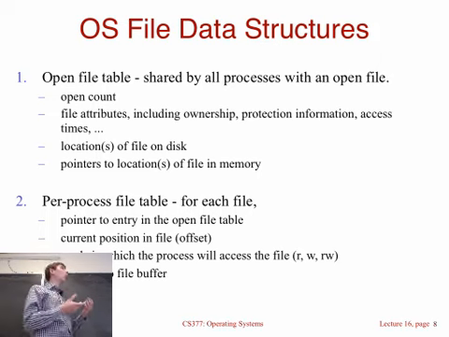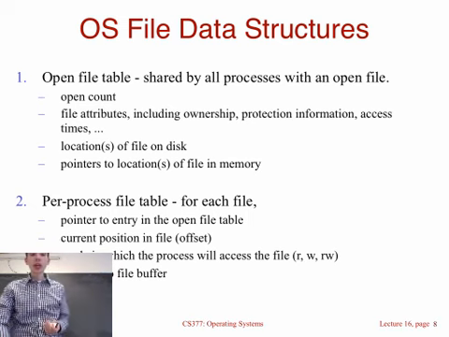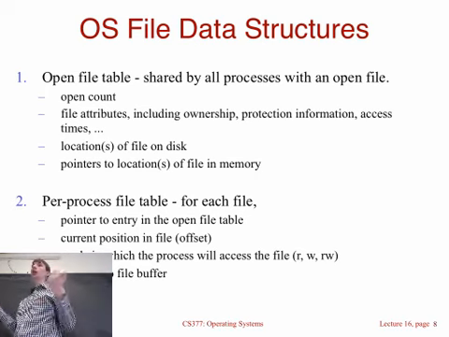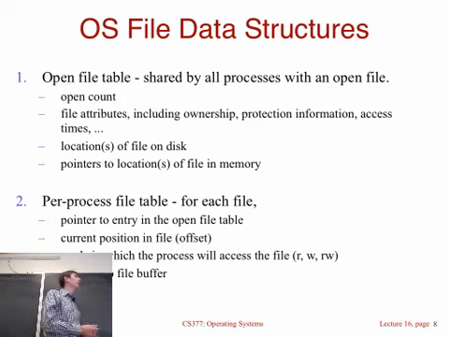So there's one big table that's shared by all processes that has all the files that are currently open. Multiple processes could have the same file open. It's not like only a single process can have a given file open at once. So one thing we're going to have is a count of the number of processes that have that file open.